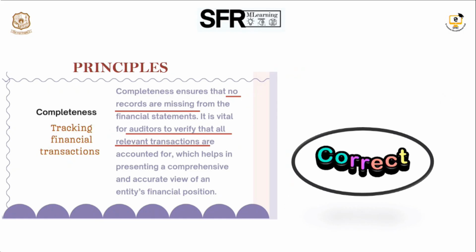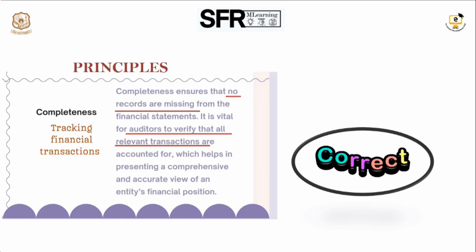Everything should be a complete transaction. There should be no omission, and no records should be missed while entering the financial statement. It is the prime role of the auditor to verify that all relevant transactions entered in the financial statement are properly evidenced and maintained in the concern.